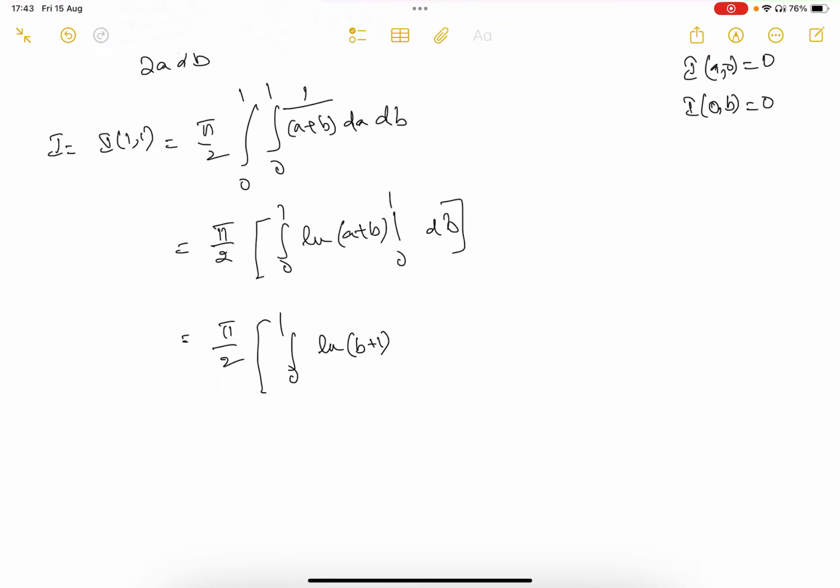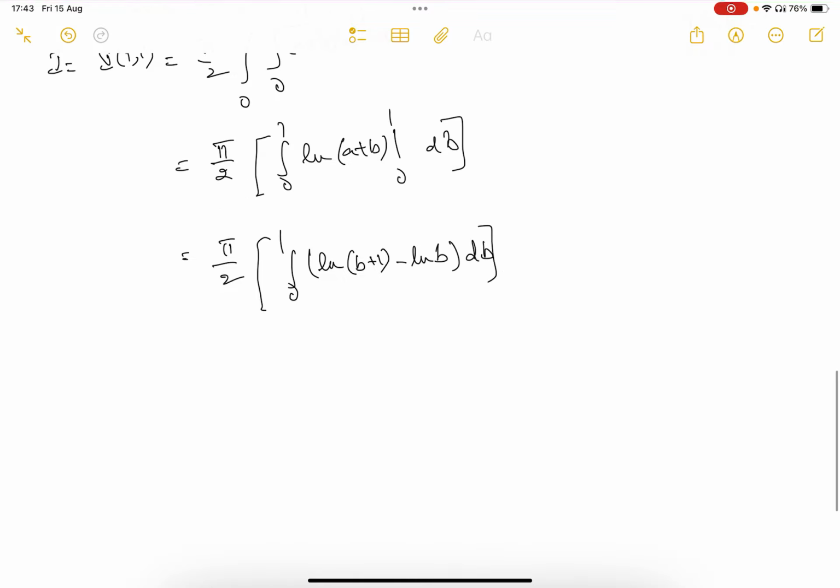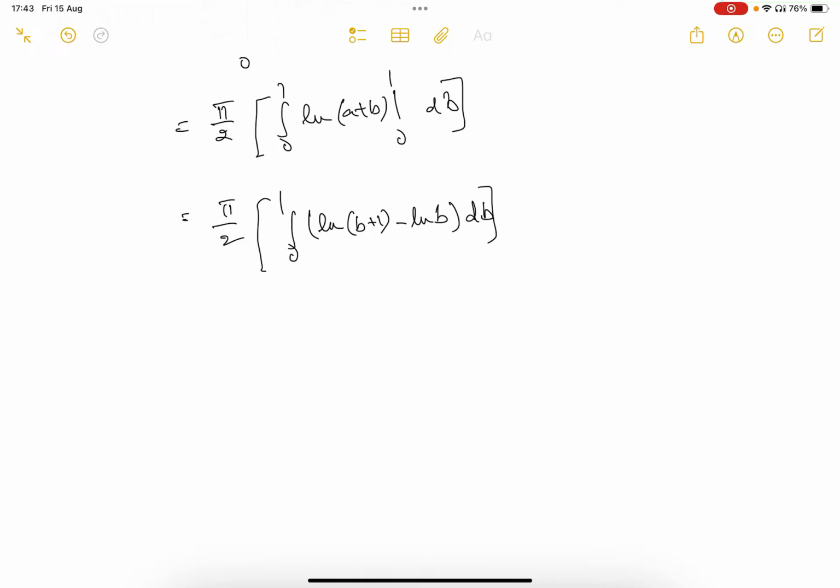If a is 0, this will be ln of b, right? And this is db. Similarly, if you do this integration, as you know, integral ln x is x ln x minus x. If you substitute these things, then finally you get pi ln 2.